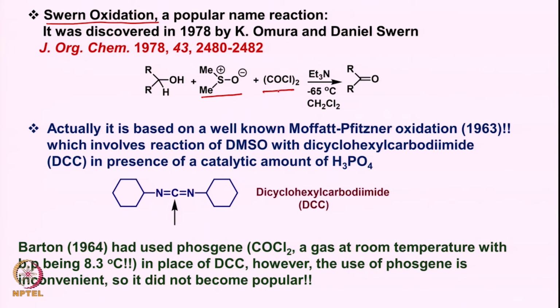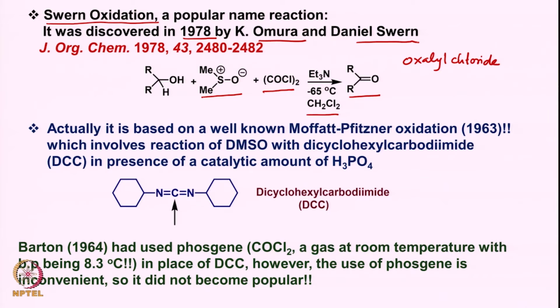This is the acid halide from oxalic acid, so it is called oxalyl chloride, and this oxalyl chloride reacts with the DMSO at low temperature to form a certain intermediate, which then reacts with the alcohol in the presence of triethylamine at -65 degrees in dichloromethane solvent, and eventually leads to the formation of the ketone. Now, this was reported in 1978 by Swern and of course his collaborator Omura. So, this is what is popularly known as Swern oxidation.